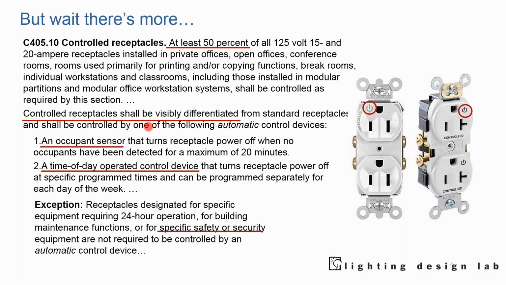They shall be controlled by one of the following automatic control devices: an occupancy sensor that turns off after 20 minutes, or a time of day operated control device that turns receptacles off at specific program times. Exceptions, of course, would be for safety and security. We're not turning off equipment that would create an unsafe condition.